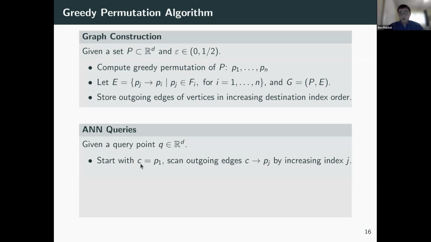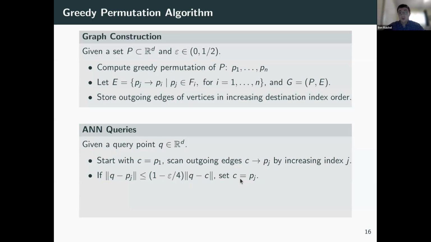I start at p_1. So c is my current point. I start at p_1. I scan the outgoing edges of my current point c. And again, I've ordered them in increasing index, so I'm scanning them in increasing index. And then the first time I see a point p_j which is 1 minus epsilon over 4 closer than I currently am, then I just move to that point.